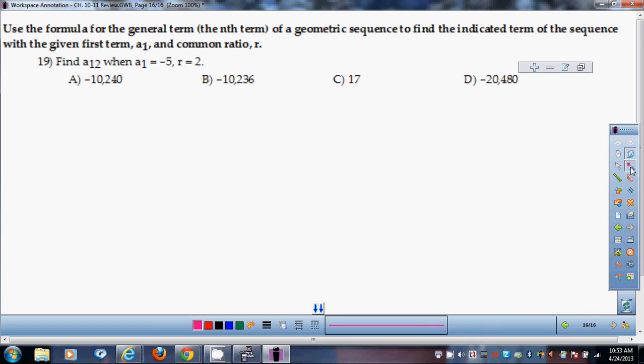Fine, Ryan. I have to plug it in first. I'm looking for A sub 12. So A sub 1 is -5. R is 2. And n minus 1 is 11. And when you punch that in, you got A? That's what the person who made the test got.